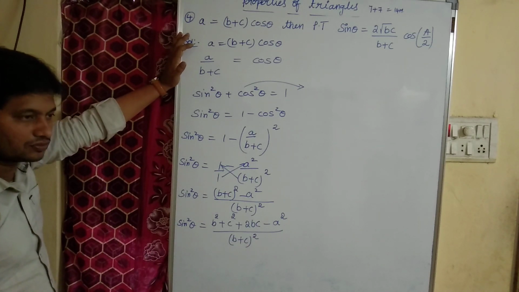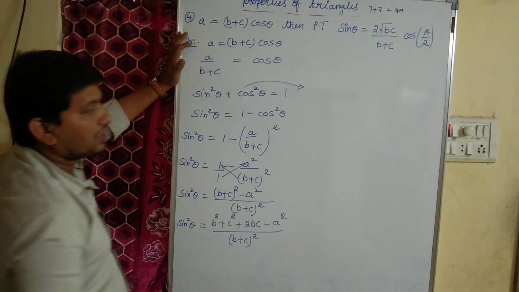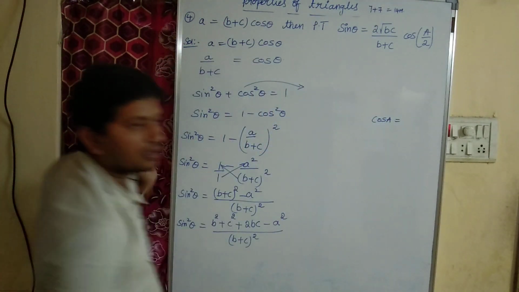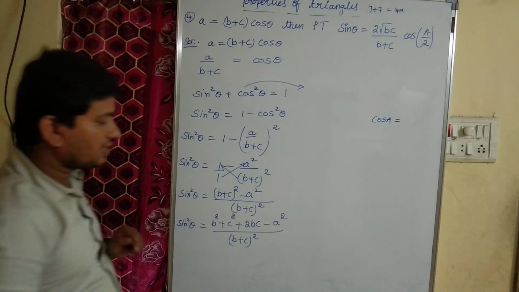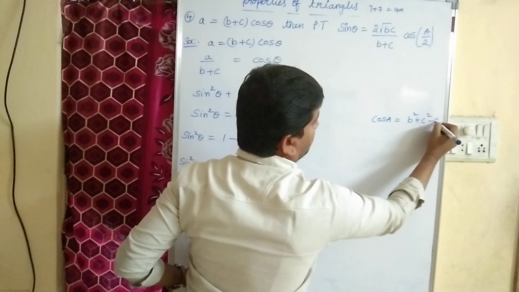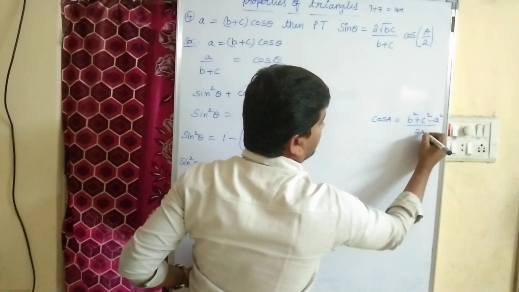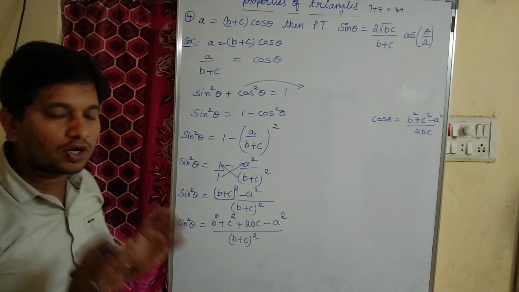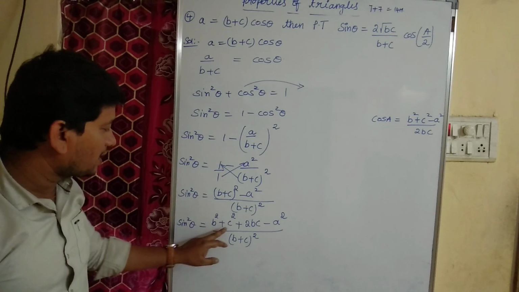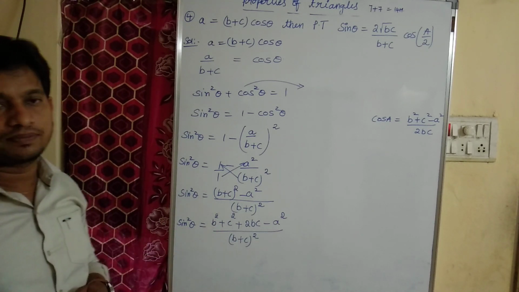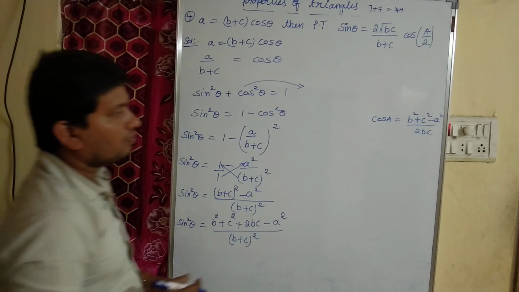Right? Do you know children what is the formula for cos A? The formula for cos A is b square plus c square minus a square by 2bc. Right? What is the formula for cos A? B square plus c square minus a square by 2bc. Right? Now what we will do?